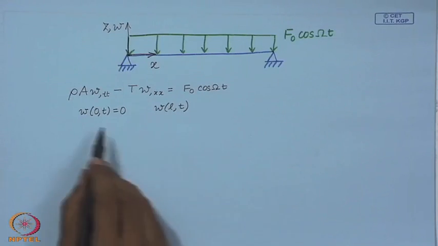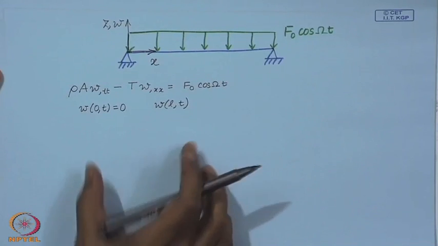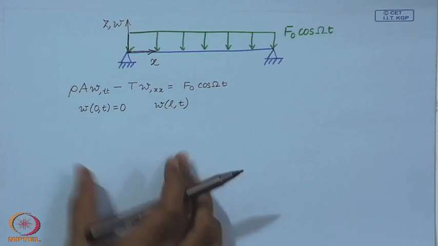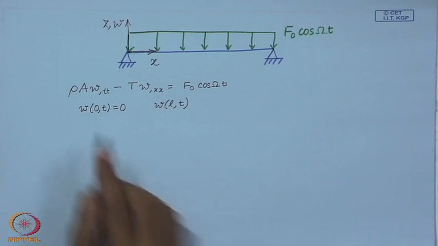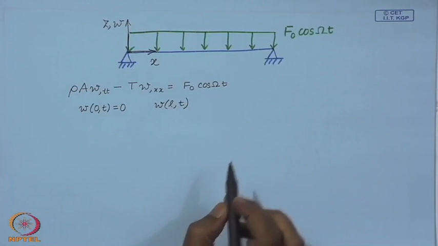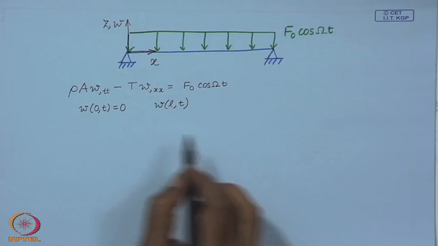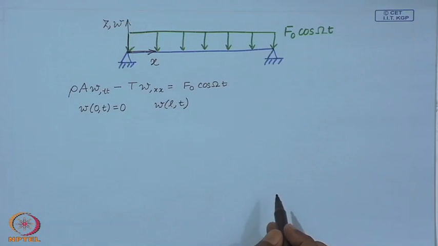We are right now more interested in solving for the particular solution. So, this is the formulation of the problem for this uniformly harmonically forced taut string.